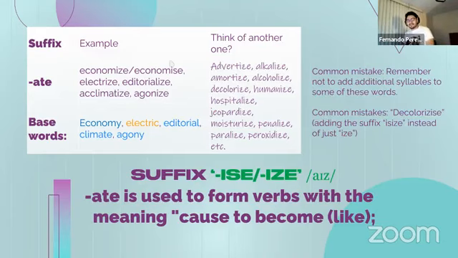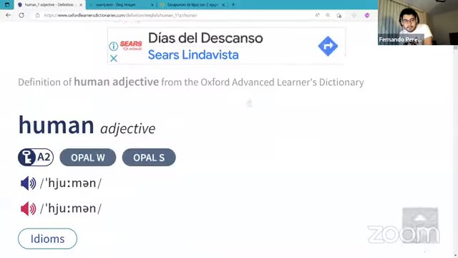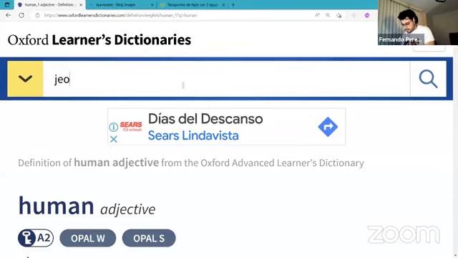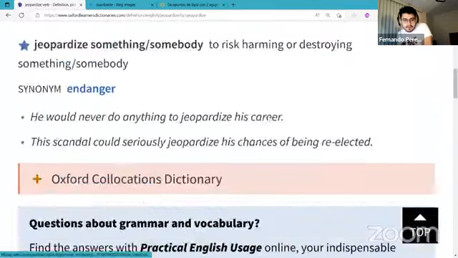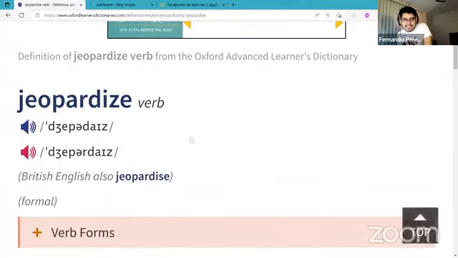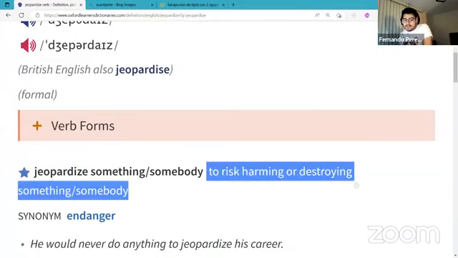That's the thing. All the words in this section are composed words except jeopardize. Jeopardize, let me check the level. We don't have level. I would say that this is C1, advanced. It is to risk harming or destroying.